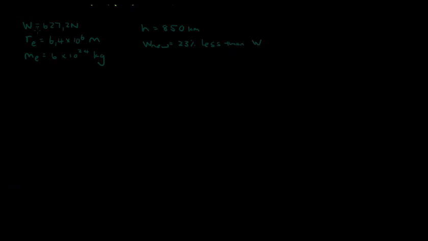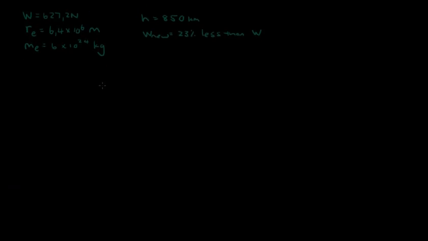Which is the weight on the surface of the Earth. Let's quantify that mathematically. If it's 23% less, that means for every 100, 23 less. That means that it is equal to 100 minus 23, which is 77% multiplied by the old weight, which is equal to 0.77 times W.